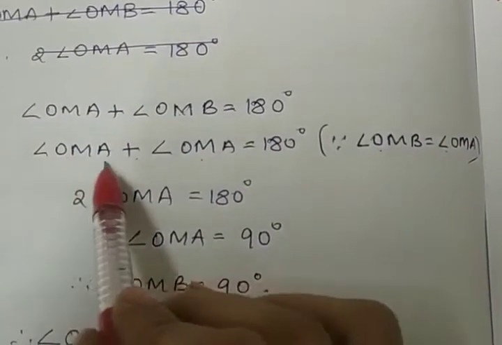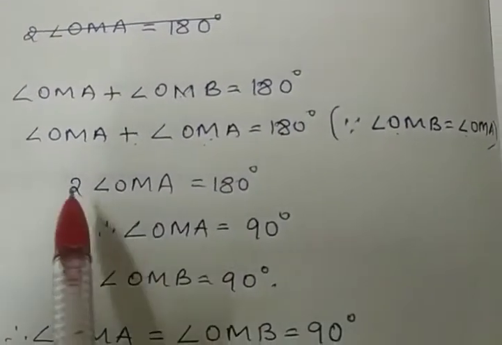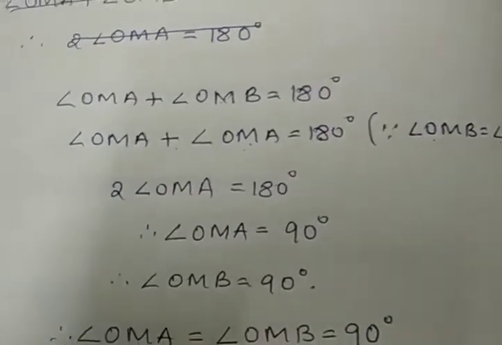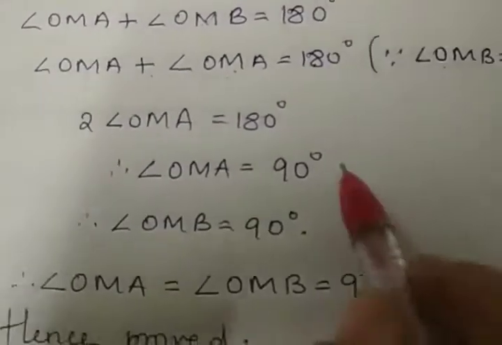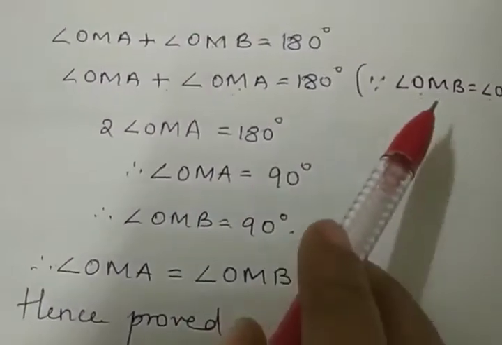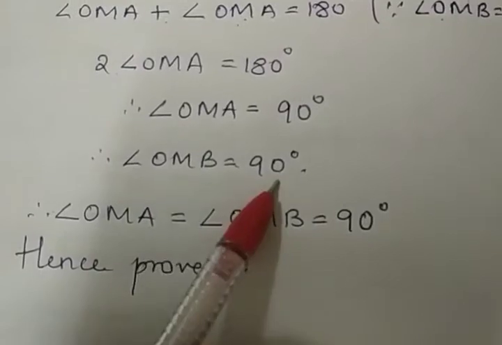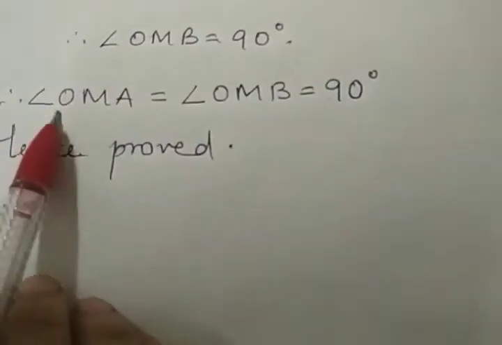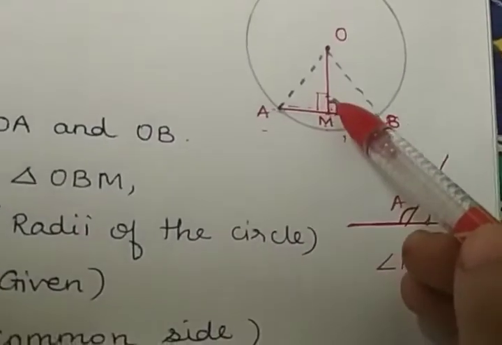So 2 times angle OMA is 180 degrees. Therefore angle OMA is 90 degrees. I have taken the 2 down. Since OMA and OMB are equal, if OMA is 90 degrees, even OMB is 90 degrees. So I have got angle OMA equal to angle OMB equal to 90 degrees.